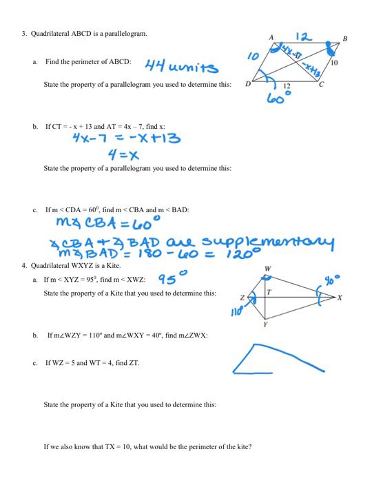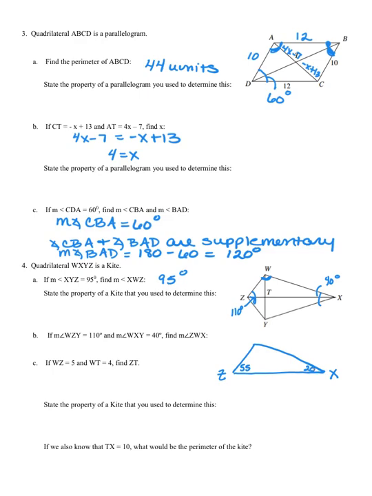And one property that we have of kites is that the longer diagonal bisects the two angles it connects. So if the full angle at Z is 110 degrees, then the top part right here is 55. And at vertex X, if the full angle is 40, then this angle is 20.